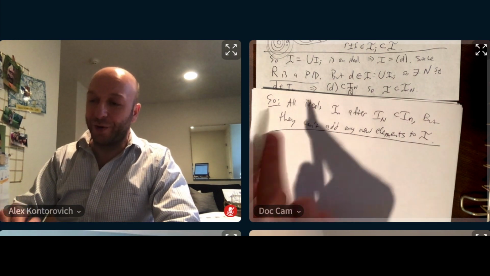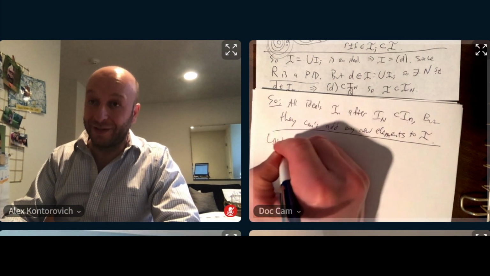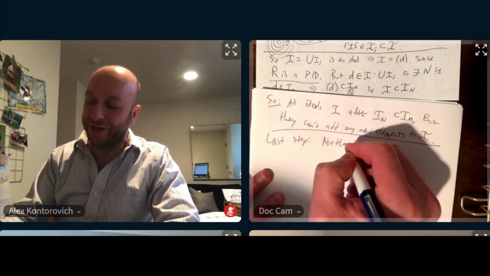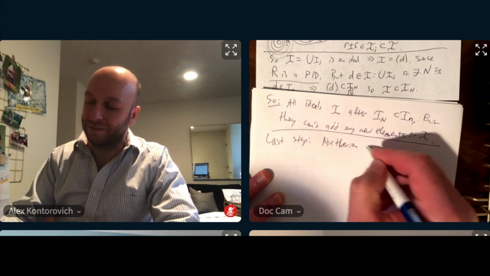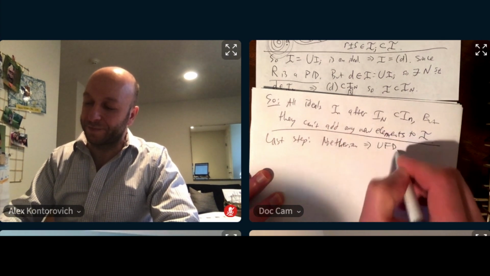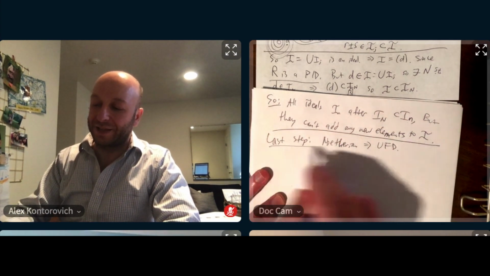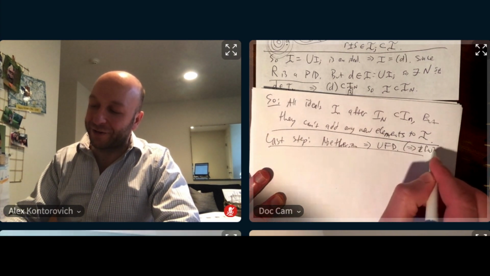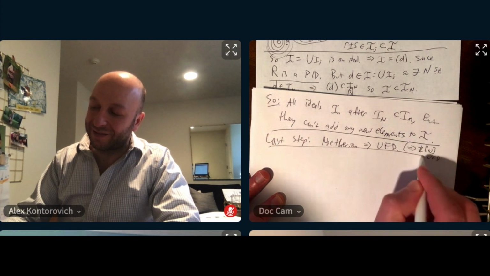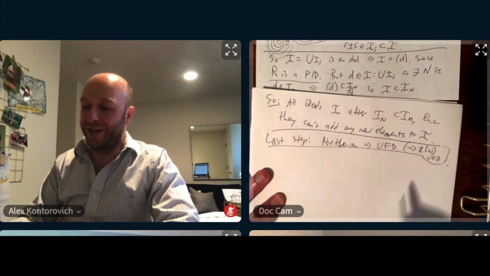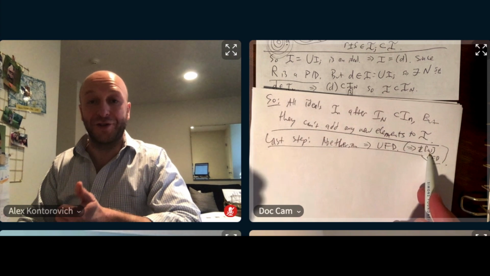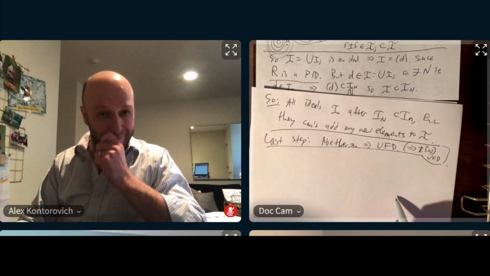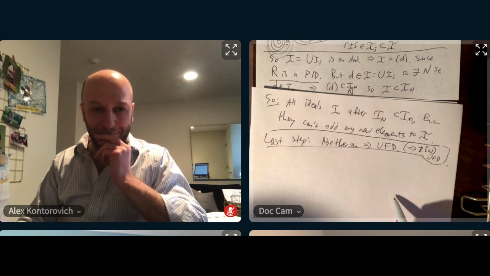So the end of the story, the last step, is that Noetherian implies unique factorization. Okay, that's the last thing that I want to do, which will imply that the Eisenstein integers have unique factorization. Because the Eisenstein integers have a division algorithm, and hence are a principal ideal domain, and hence are a Noetherian domain. Okay?